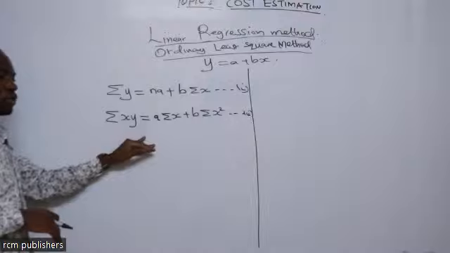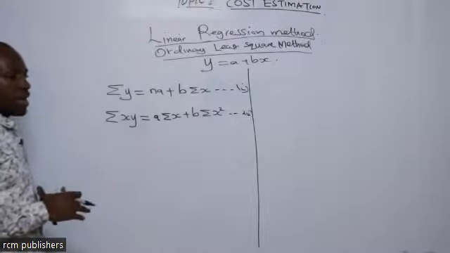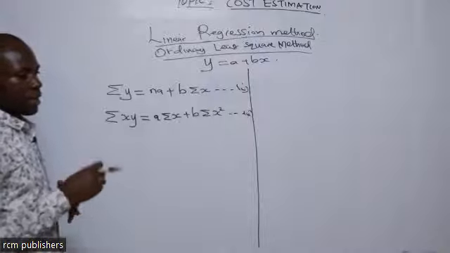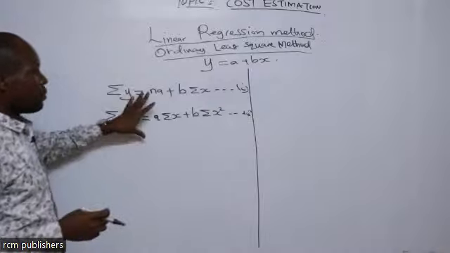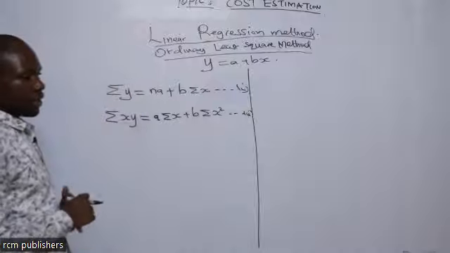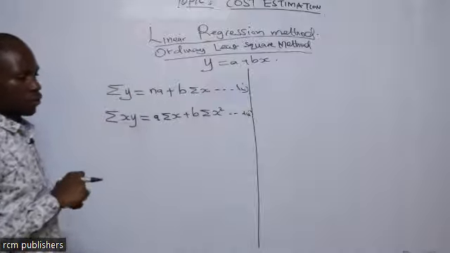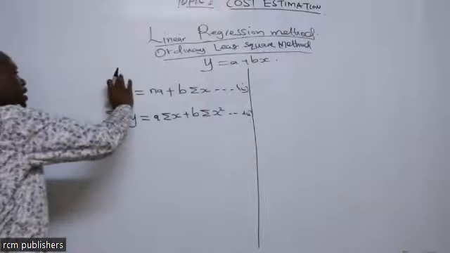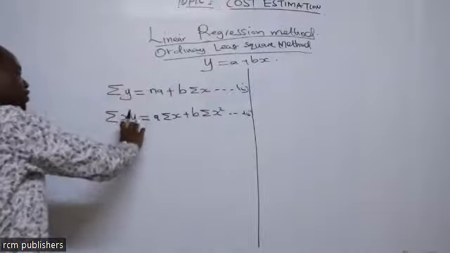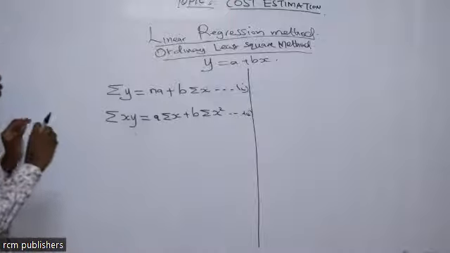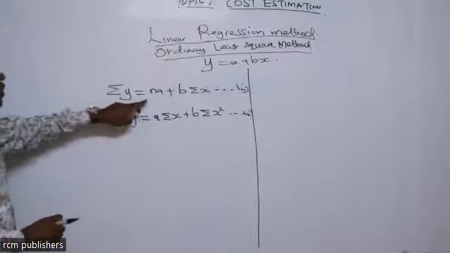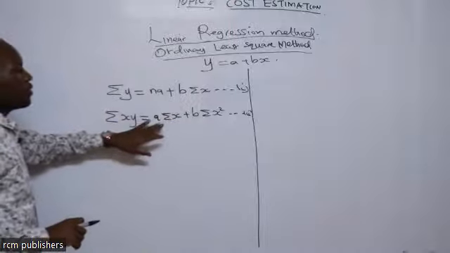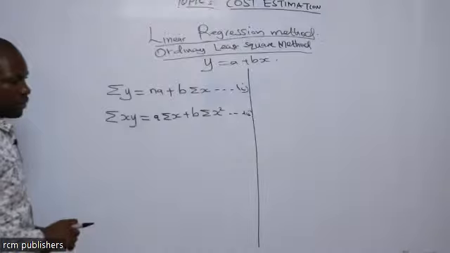That's number one. Number two, we can also apply our calculator to help us get these values directly without taking a lot of time. So once this is done, this is the original function that is normally being condensed to give us the value of B directly, to give us the value of A directly.